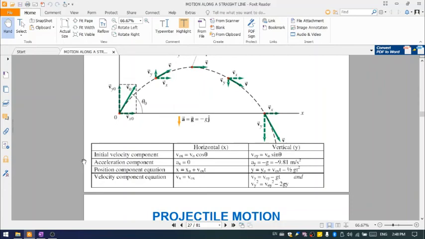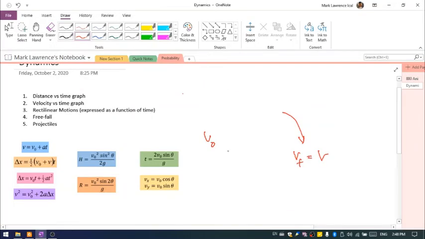Now it is very interesting to know really that it's basically just like throwing a ball upwards and then expecting the same ball to go downwards, right?